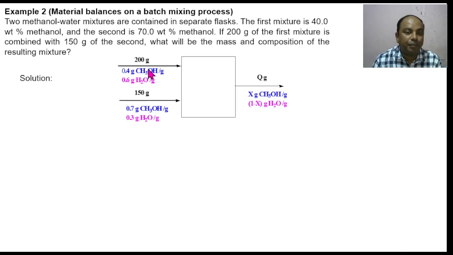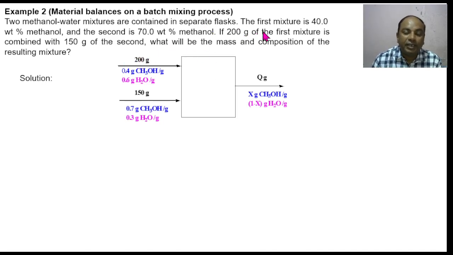The mass fraction of methanol in the first flask, which is 200 gram, is 0.4. The remaining fraction would be water, which is 0.6, present in the 200 gram of water methanol mixture in the first flask.